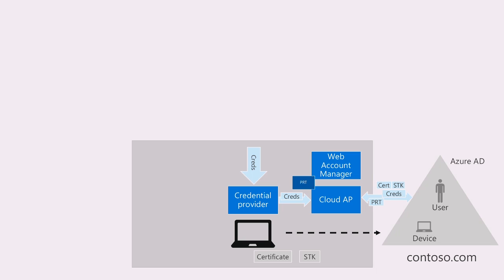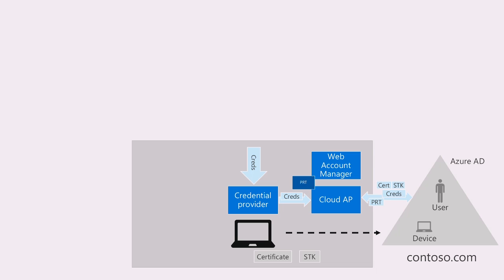And we have an ADAL version that integrates on top of the APIs of the Web Account Manager, that, for example, Office 2016 implements. There are some other applications like Office Universal that go directly to the Web Account Manager and use that API.